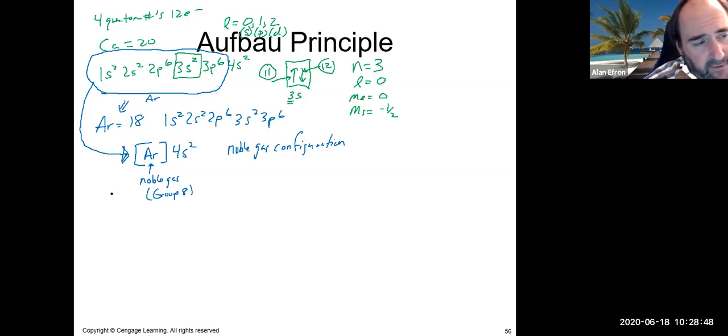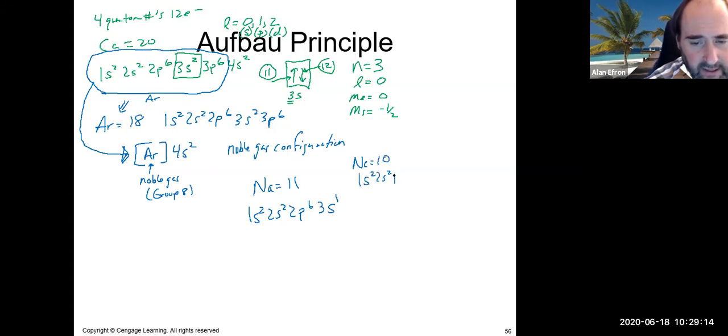So for example, if we looked at sodium, which is 11, and if we write out sodium's configuration, 1s2, 2s2, 2p6, 3s1, that would be sodium's configuration. If we go to the noble gas that comes right before sodium, that is neon, which we did at the very end of the last slide, which is 1s2, 2s2, 2p6, which is this part of the configuration.